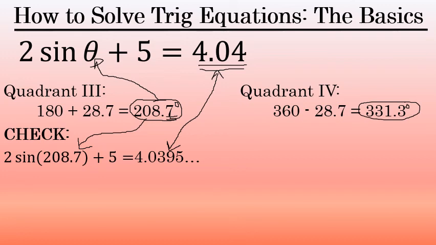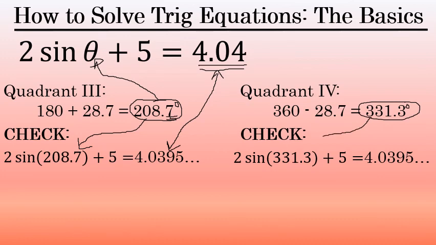We can check our other quadrant 4 angle the same way. Substitute for theta, 331.3 degrees, and we can see that when we take the sine of that angle, multiply by 2 and add 5, we also get 4.0395. This is irrational. It goes on forever without ending, but it is, at least to the nearest tenth, 4.04. This answer checks out as well.